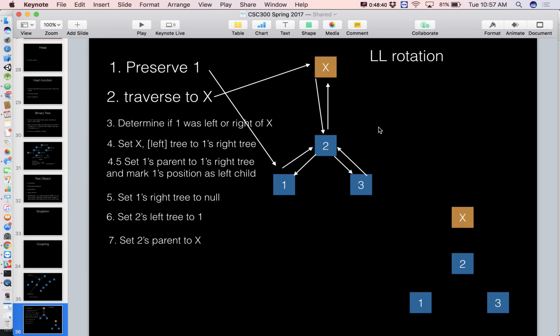You also want to set the position of 2, make sure that it matches. I think we said that it was left. Yep, so 2 already knows about its parent, but now it needs to make sure that its location is the same as 1's previous location.